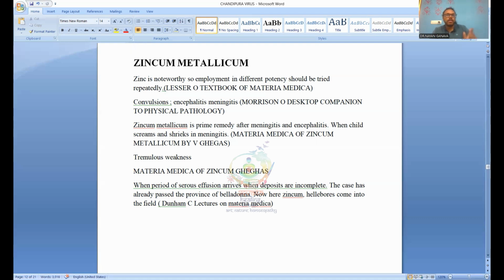But when serous effusion has already started, but deposits are incomplete, that is where Zincum will be prescribed. The case has already passed the province of belladonna. Now here Zincum and hellebore come into the field. That is what Dunham wrote.